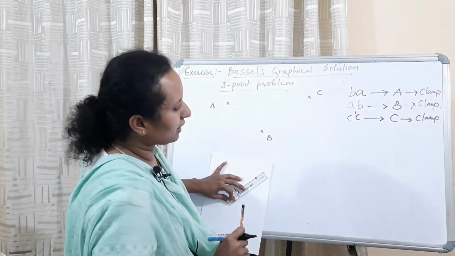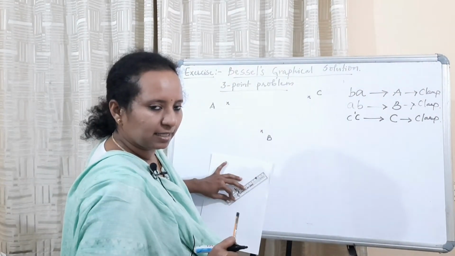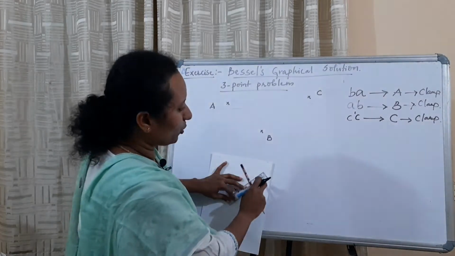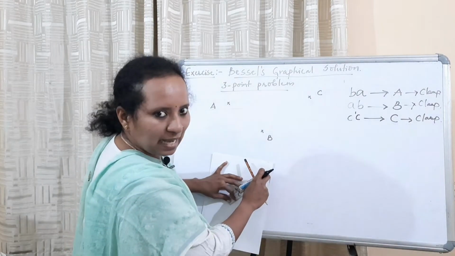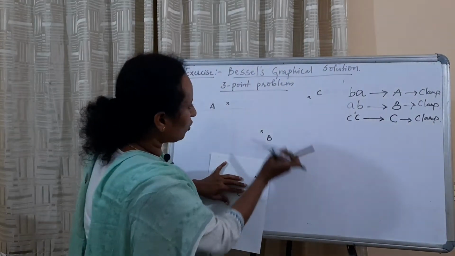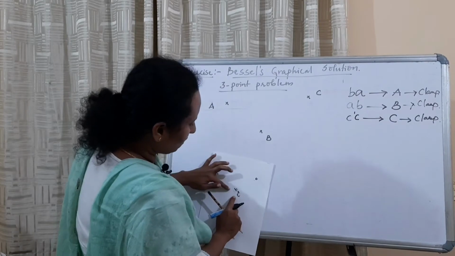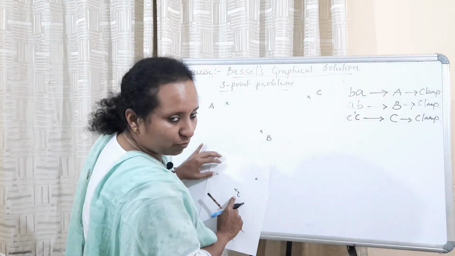Now, after citing all the points A, B and C, the table would be oriented exactly with respect to these 3 points on the ground, with respect to these 3 points on the drawing sheet of paper.